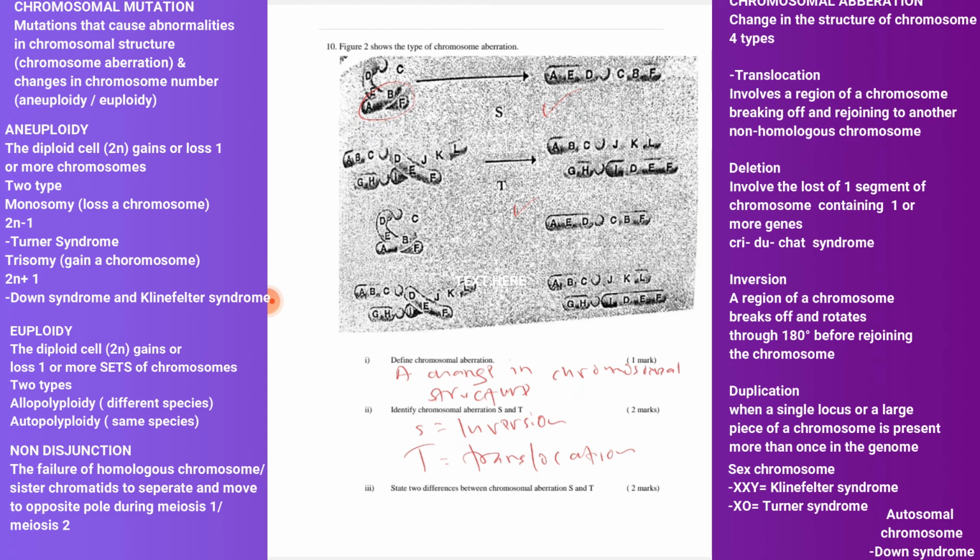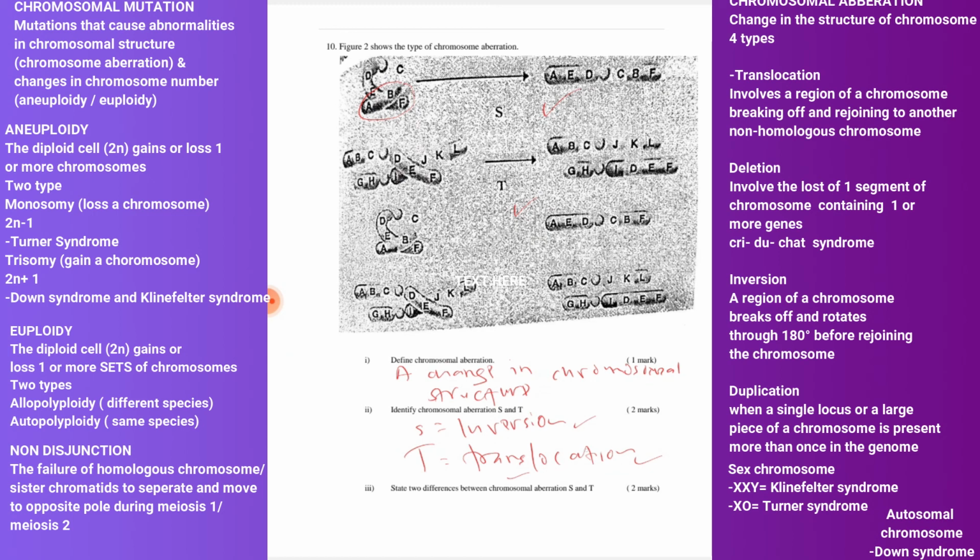State two differences between S and T. Translocation involves two chromosomes, while inversion only involves one chromosome. Inversion involves a segment of chromosome that breaks off and reattaches in reverse order, while T involves a region of chromosome breaking off and rejoining to a non-homologous chromosome.